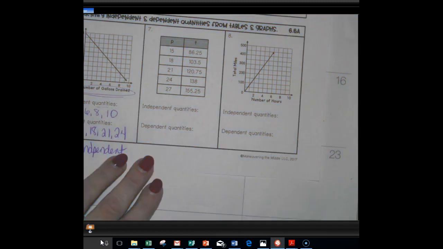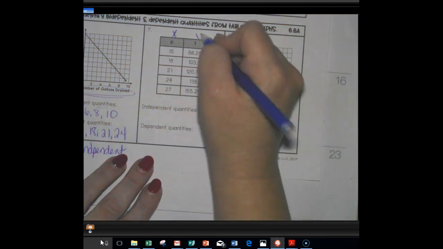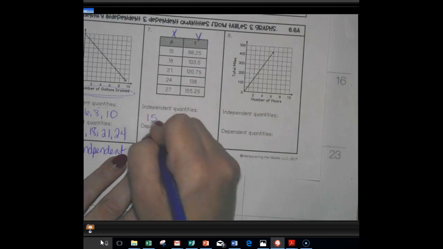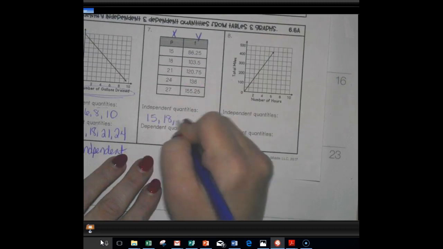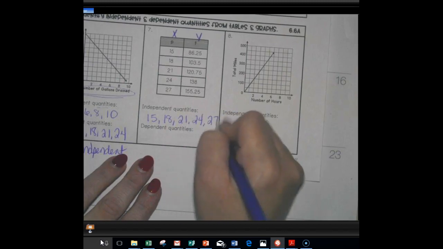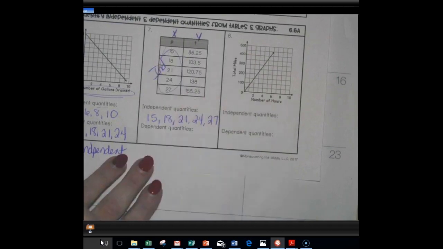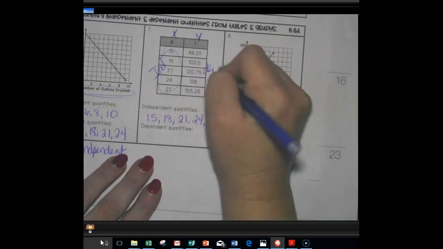My independent here will be my x and my y. So it would be 15, 18, 21, 24, 27. These are my independent. These are my dependent.